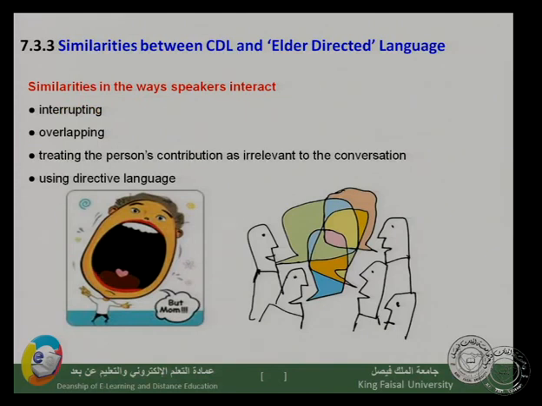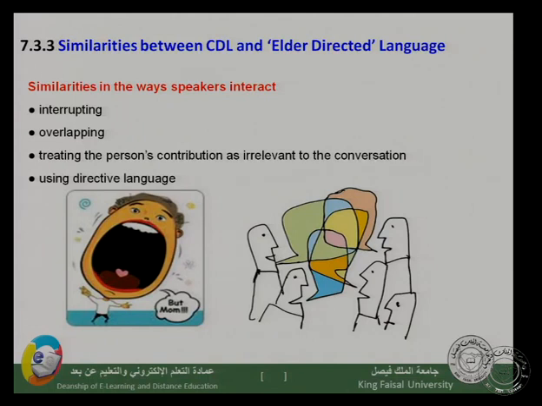Similarity in the ways the speakers interact. Both old people and little children usually interrupt the speech. Both of them will speak at the same time as the other speaker does. So they interrupt the speaker, they speak at the same time the first person speaks.